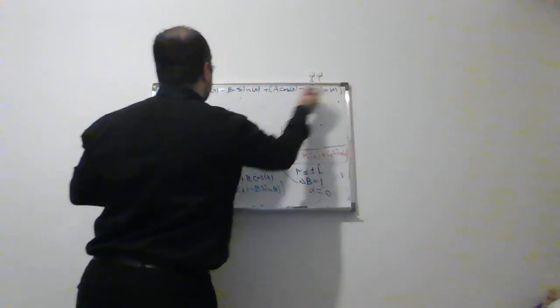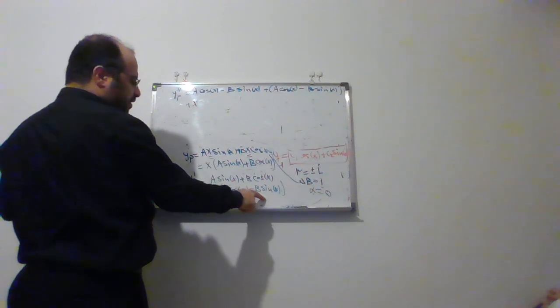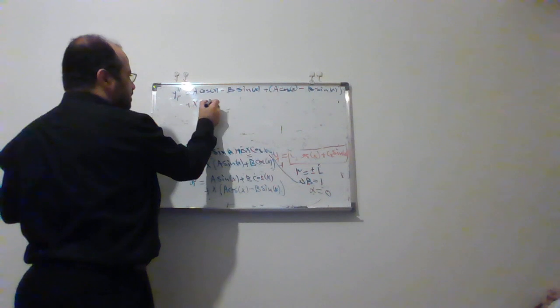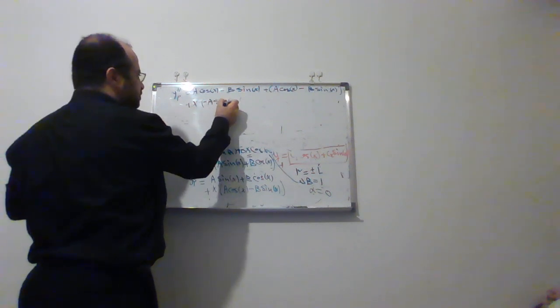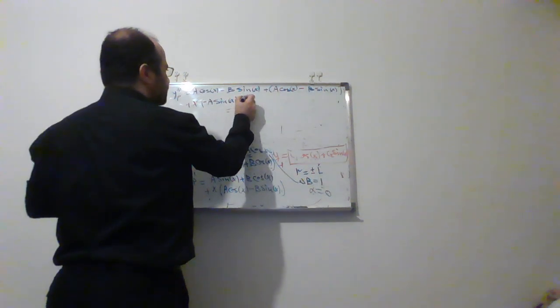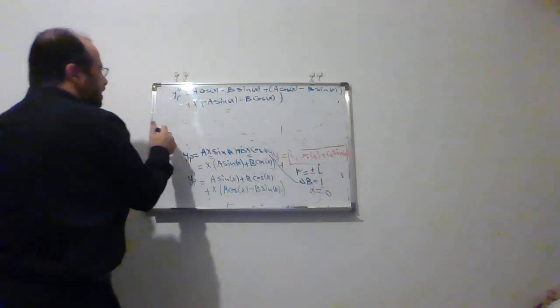And now you leave the x and differentiate this thing, and you will get minus a sine x, and here you get minus b cosine x. This is the second derivative.